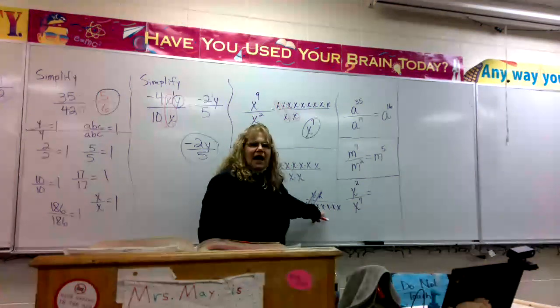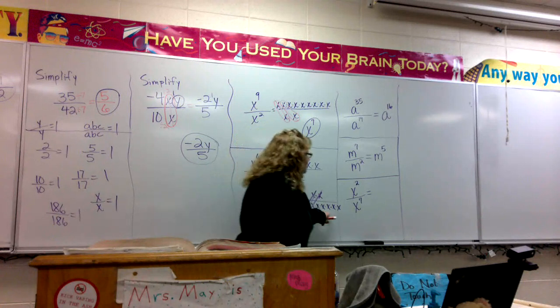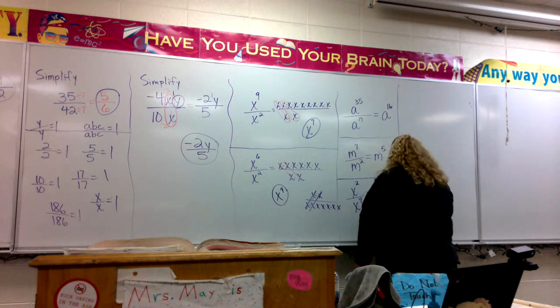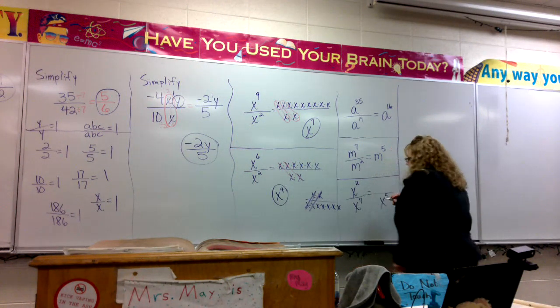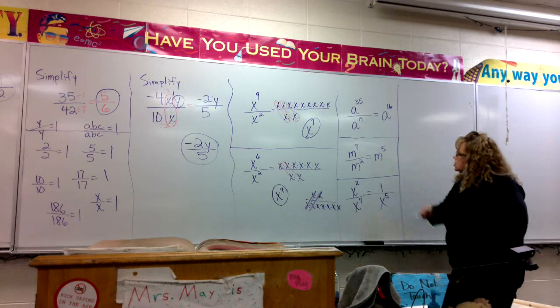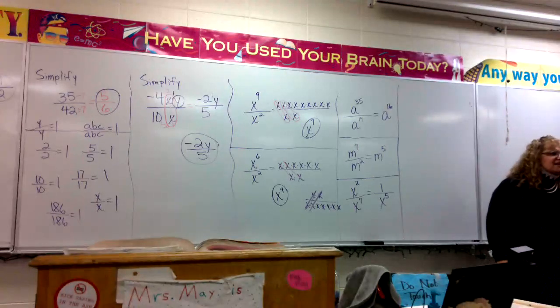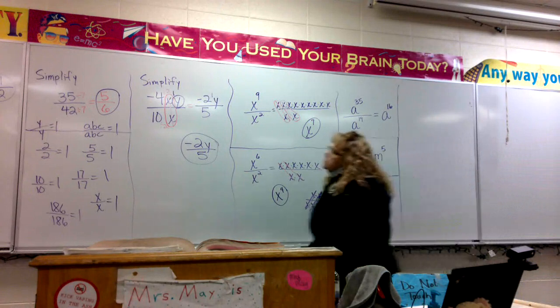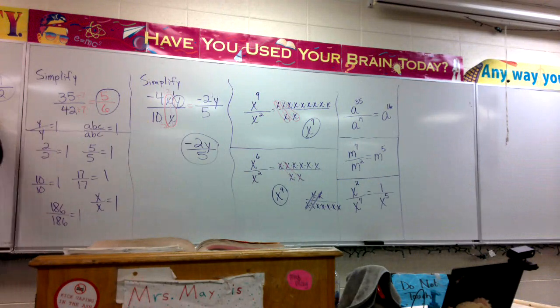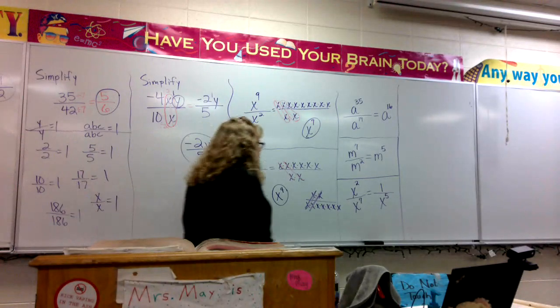In the top or the bottom? It's in the bottom. And what do you put on the top then? Just a 1. When everything cancels, like over here, it canceled 2 divided by 2, it's just 1, right? If I had 7 over 14, it's just a 1. So you put the 1 on top.